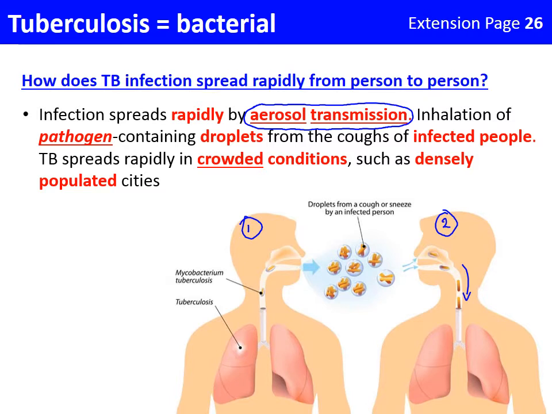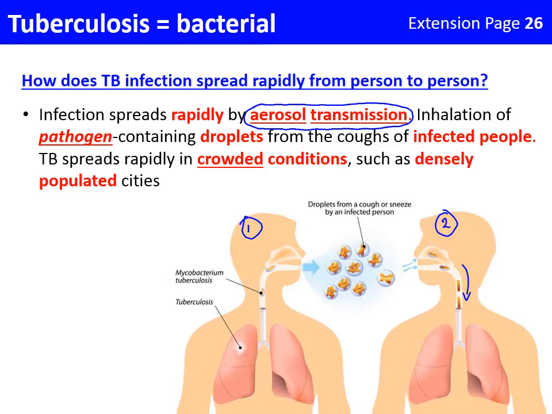Now inside the alveoli, these bacteria get phagocytosed by white blood cells, in particular called macrophages or dendritic cells. So we get white blood cells that take in the bacteria to help break them down. But these bacteria have actually evolved a mechanism to be able to withstand phagocytosis within the white blood cell.